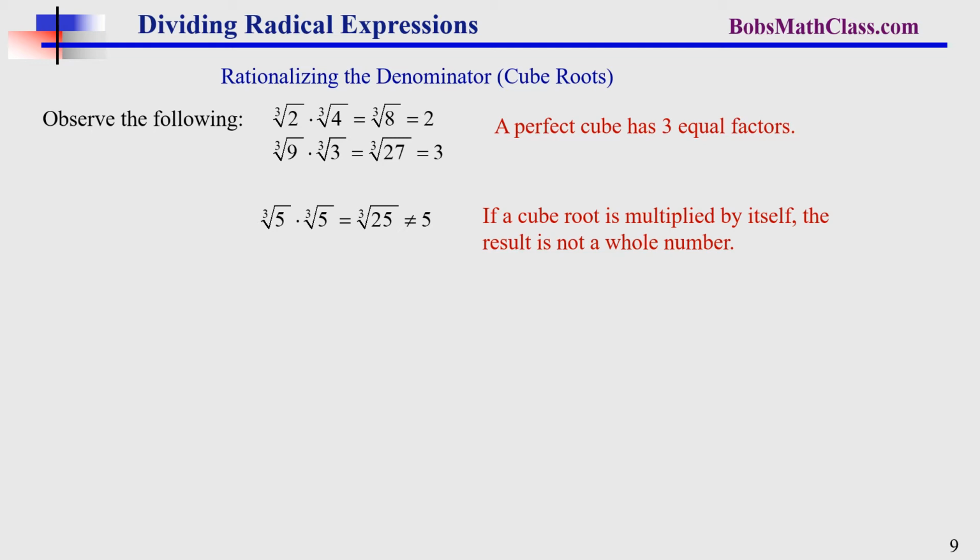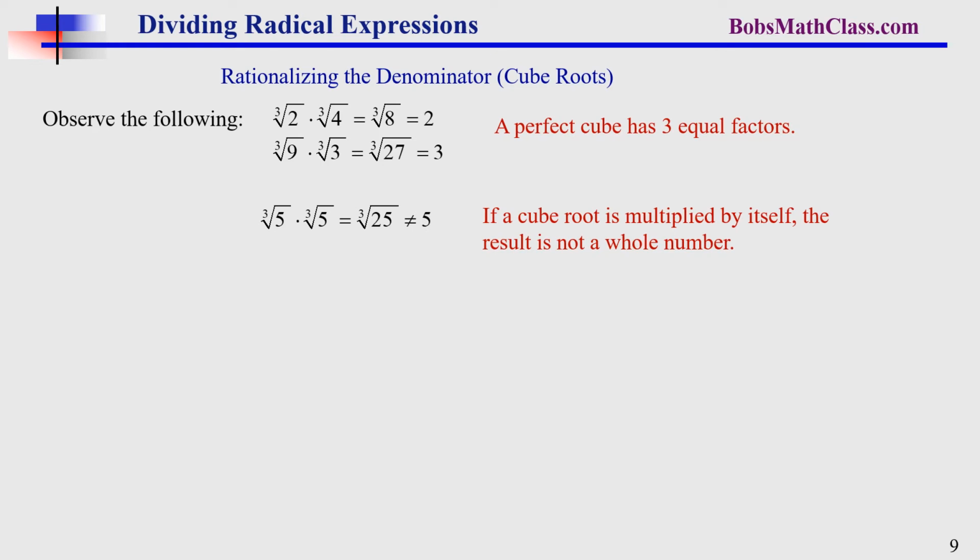Now, cube root of 5 times another cube root of 5 is the cube root of 25, but that's not 5, right? It's just cube root of 25. The point I want you to see here is that it's different from the square roots. With the square roots, when you multiply it by itself, you get an integer.